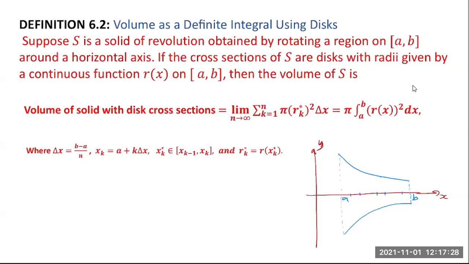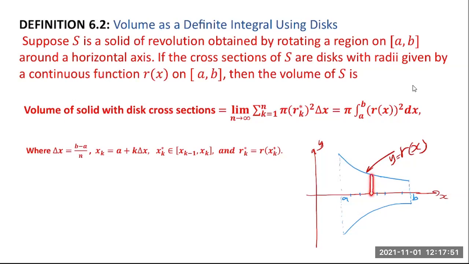Let's look at the geometry. Suppose again you are given this function, y equals r(x). If you take any point x, the height is going to be r(x).